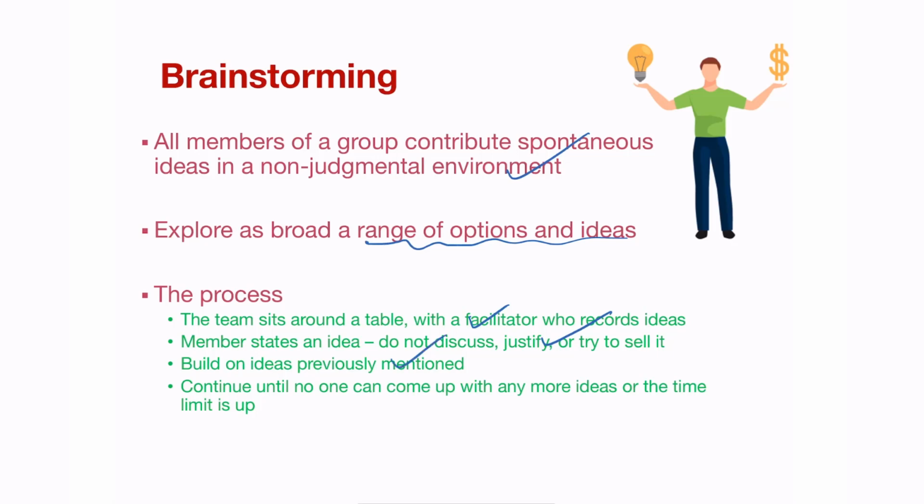You can build on previous ideas, and you can continue until no one has any more fresh ideas. The concept behind brainstorming is essentially to get as many different ideas and possible solutions to a problem, and to use the collective creative power of the group.